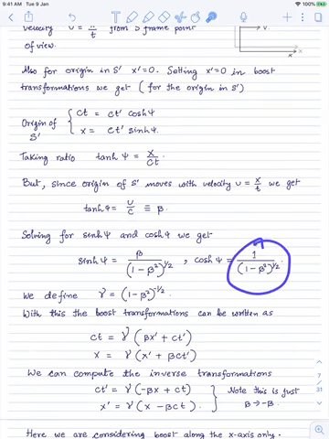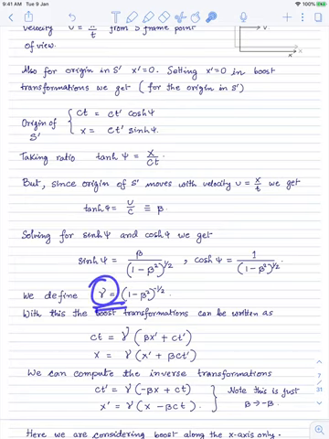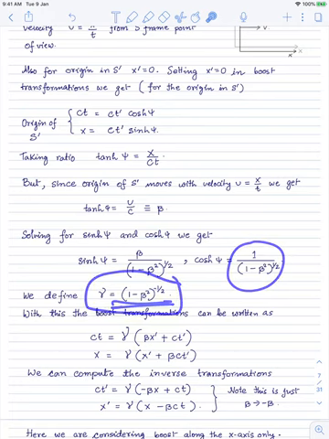Again, this factor occurs so commonly in our discussion of special relativity that it is also given a notation, and this is called gamma. Wherever gamma appears, gamma is the inverse of (1 minus beta squared) to the power half, so it's (1 minus beta squared) to the power minus half.